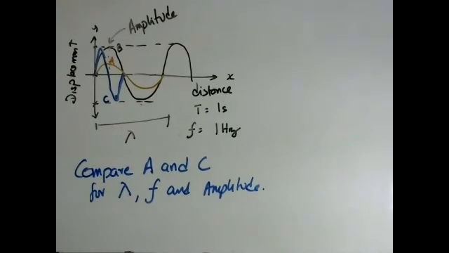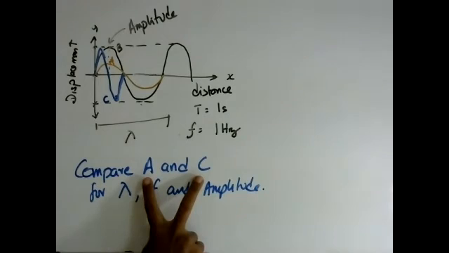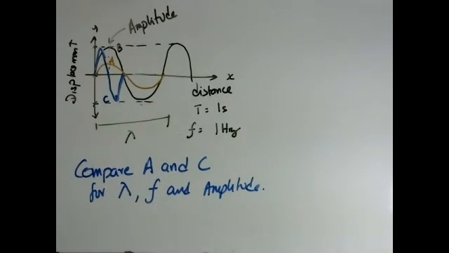So for A and C, are the amplitudes the same? No. Which has the higher amplitude? C. Out of A and C, that is. Can somebody tell me something about the wavelength?